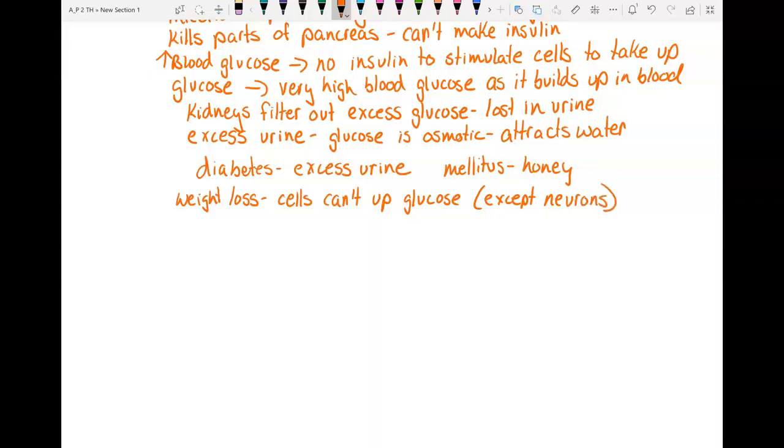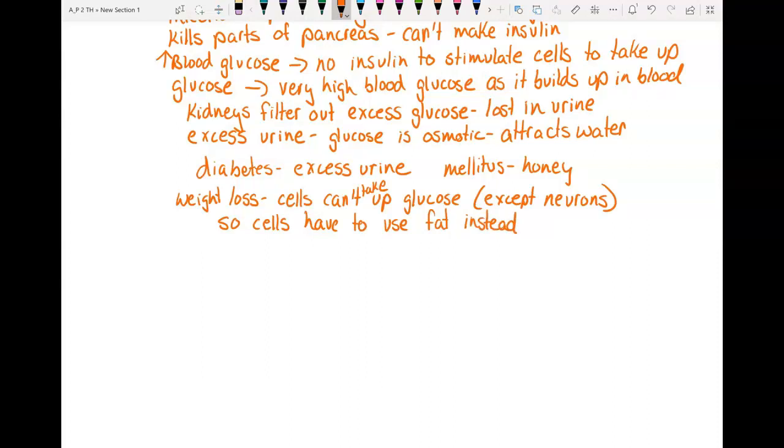So if you don't have insulin, your neurons will still get glucose, but none of your other cells can use glucose. So that means they have to use fat instead. And that's why you get weight loss.